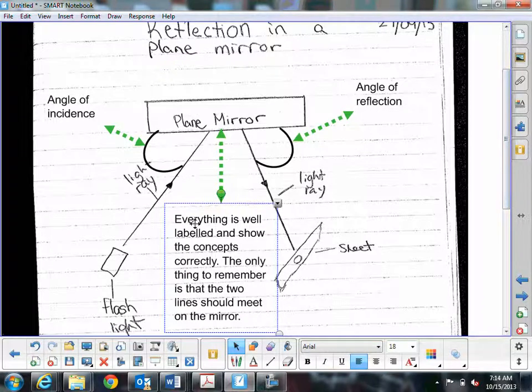However, the only thing that I would suggest to change is the point of contact where the light ray exits the mirror. So this should be a V more so than it hitting, moving across, and then leaving. It should look more so like that. But they've correctly drawn the light ray bouncing off onto the sheet just like we did in the experiment.